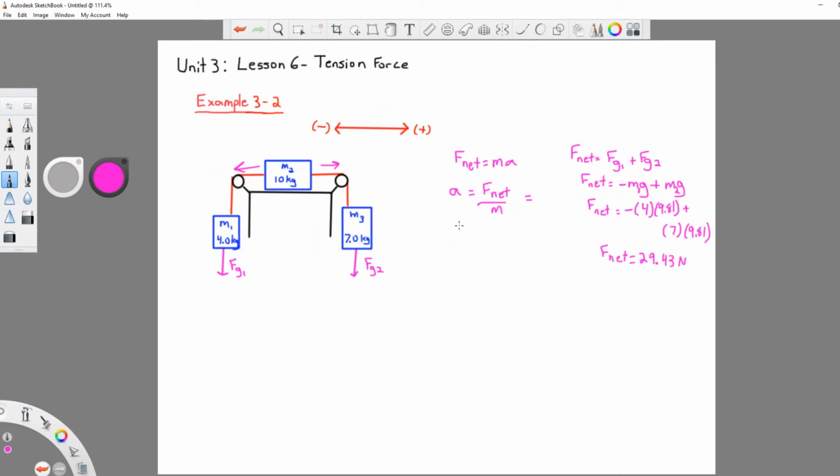Okay, so with that said, acceleration is equal to 29.43 newtons over the total mass given here for our whole system. So 10 plus 4 plus 7. These are all in kilos. Okay, so our acceleration works out to 1.40.